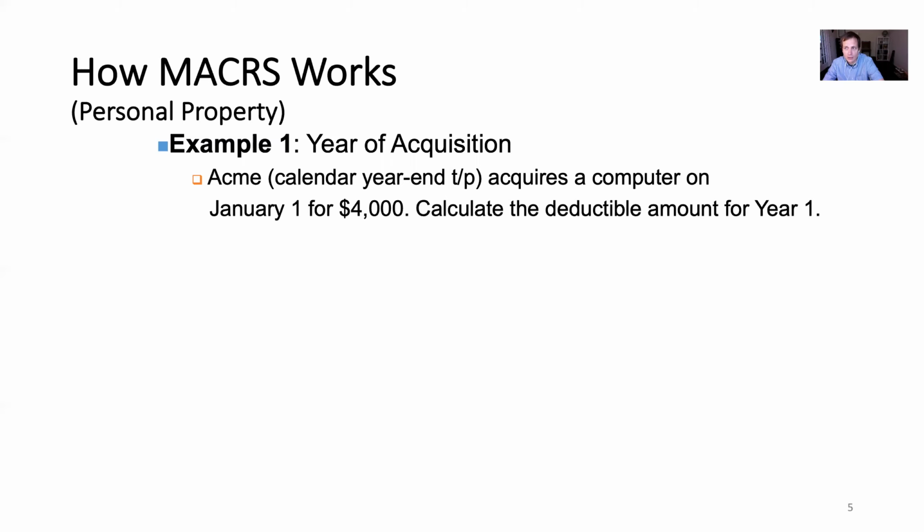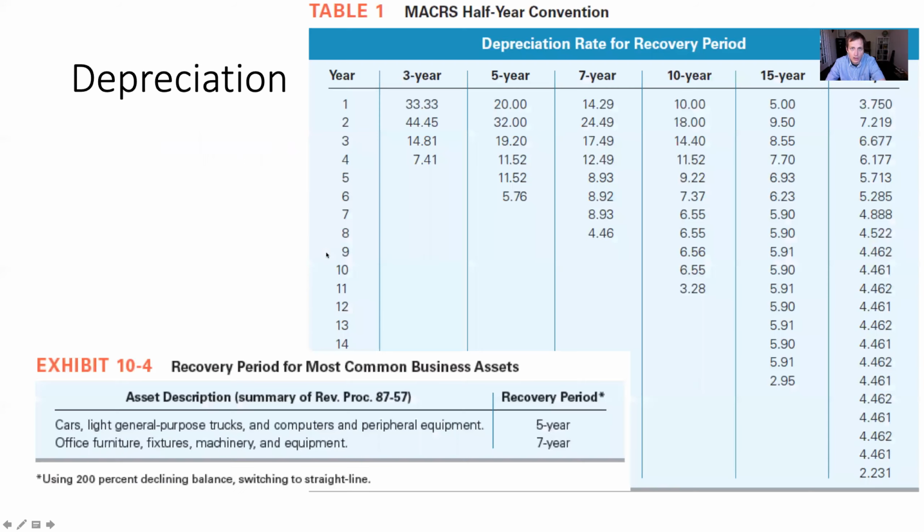So I'm going to use the half-year convention, the default. Since there's no fourth quarter property, I definitely won't use mid-quarter. So if I go back, I'll use the half-year table, and I have a computer. Computers are 5-year property. So I'll look at 5 years.